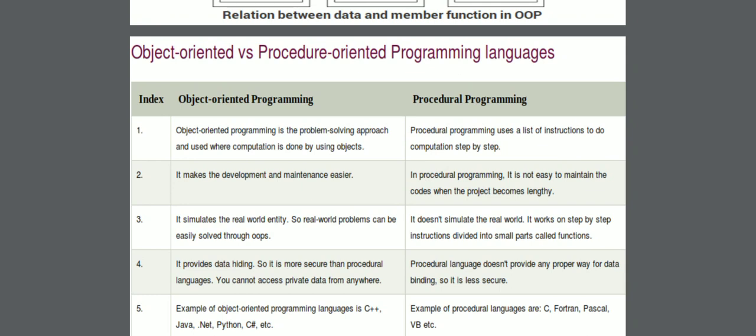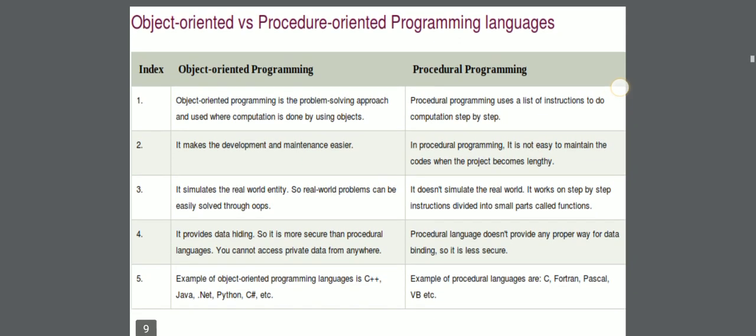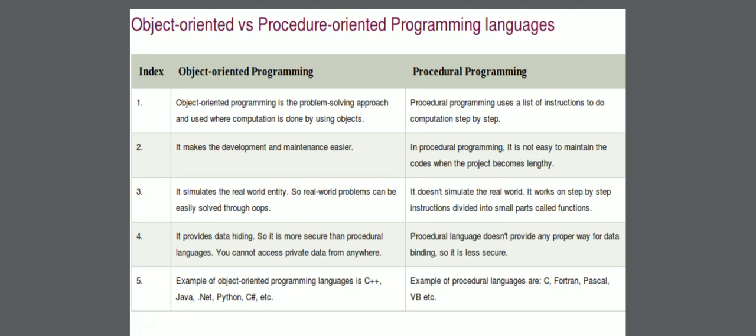Object oriented programming is the problem solving approach and is used where computation is done by using objects. Basically this programming style focuses on objects. Without objects you can't do any single activity. In procedural programming, it uses a list of instructions to do computation step by step. In the previous part we solved some examples in Python also.